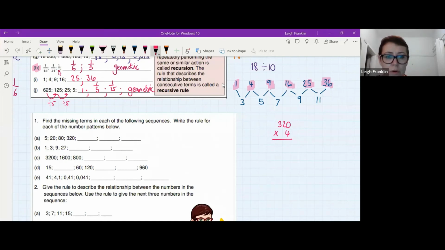Ma'am said 320 multiplied by 4. 1,280. That's it. Quite right. I tell you what, work out just the next one. You're going to take 1,280 and times that by 4 as well. What are we going to get?